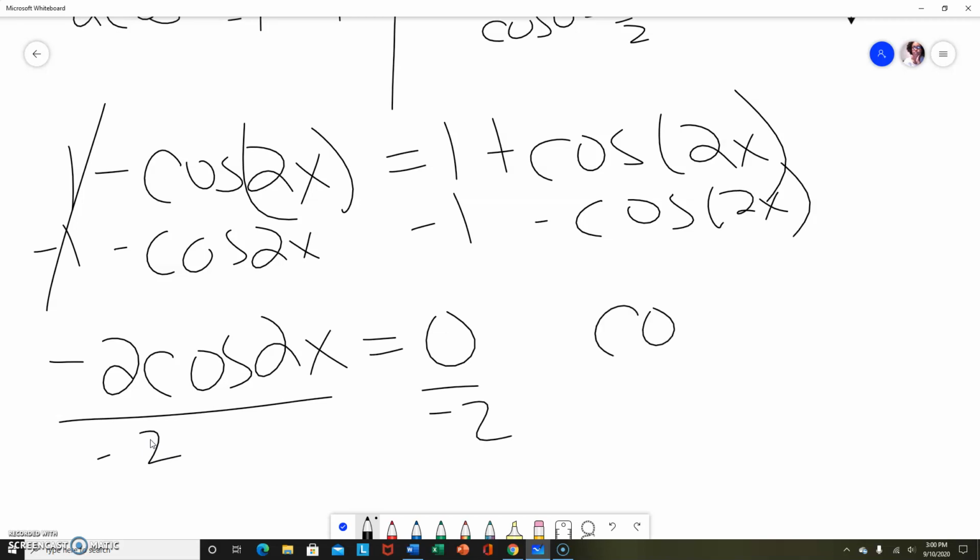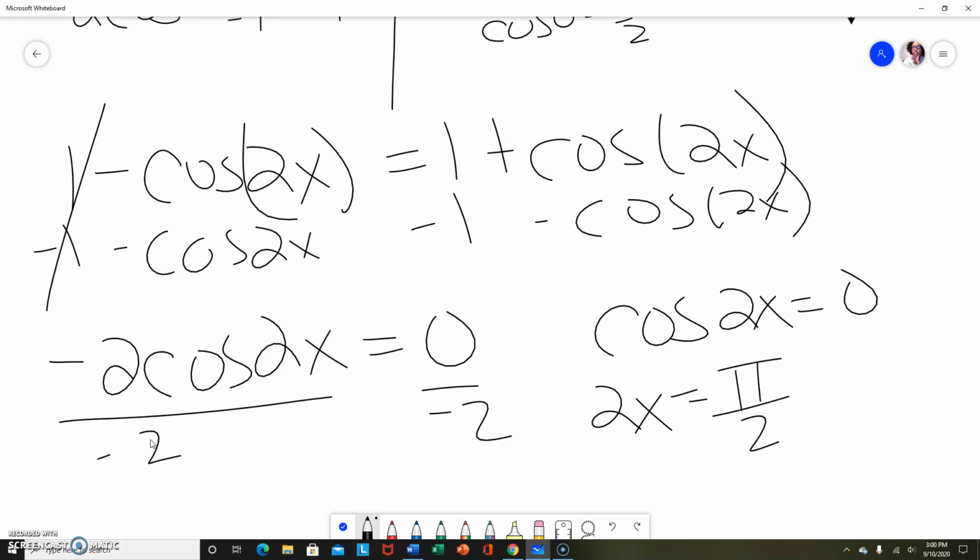So I get cosine of 2x is equal to 0. So now where on the unit circle is cosine equal to 0? It's equal to 0 at pi over 2. And so I know that if I divide by 2, it is x is equal to pi over 4.